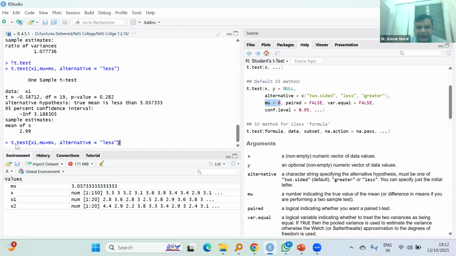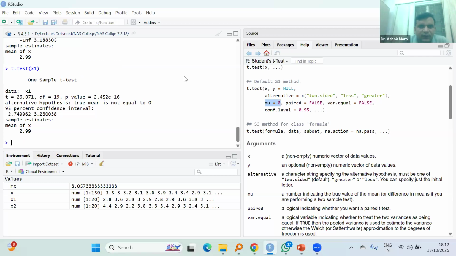So I can have only one thing, this one, t dot test x1. Reject h naught. This means the p value that is coming is 2.45 into 10 to the power minus 16. It means 0.0000 15 0 then 2.45, which is almost equal to 0.